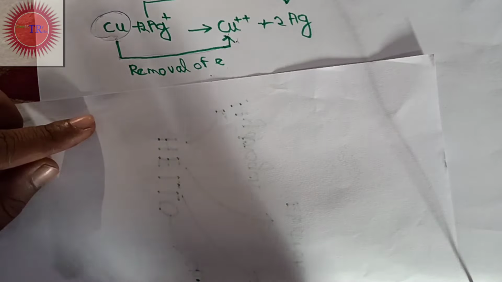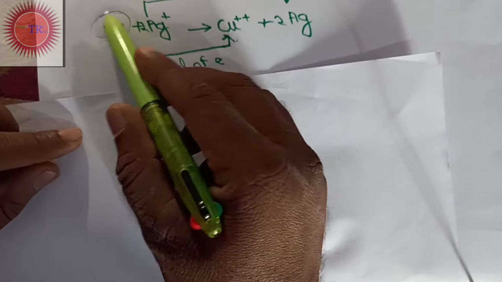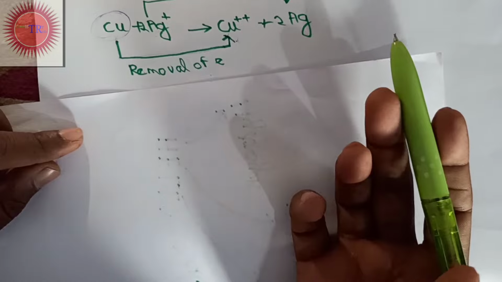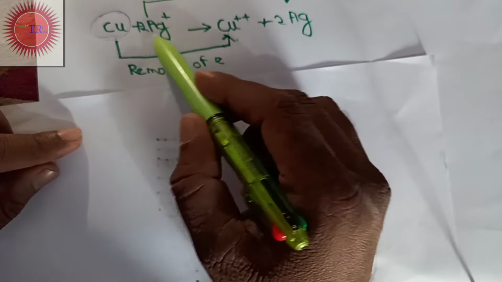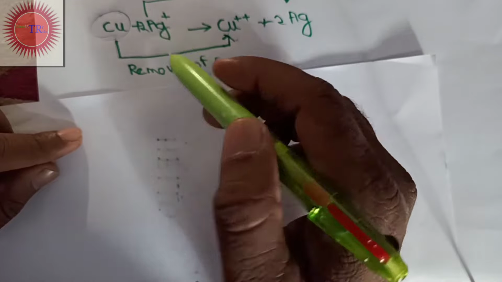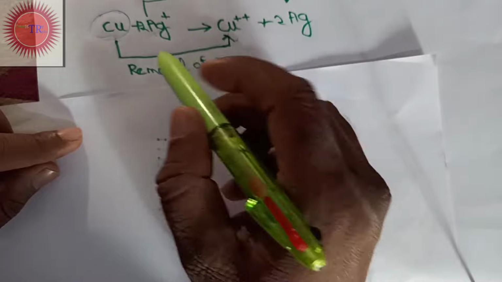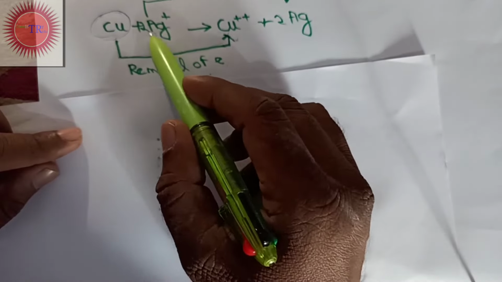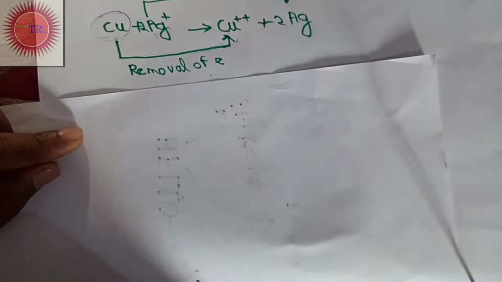And as you know, who oxidized it? It was oxidized by this one. So this is the oxidizing agent, and oxidation happened due to this agent.